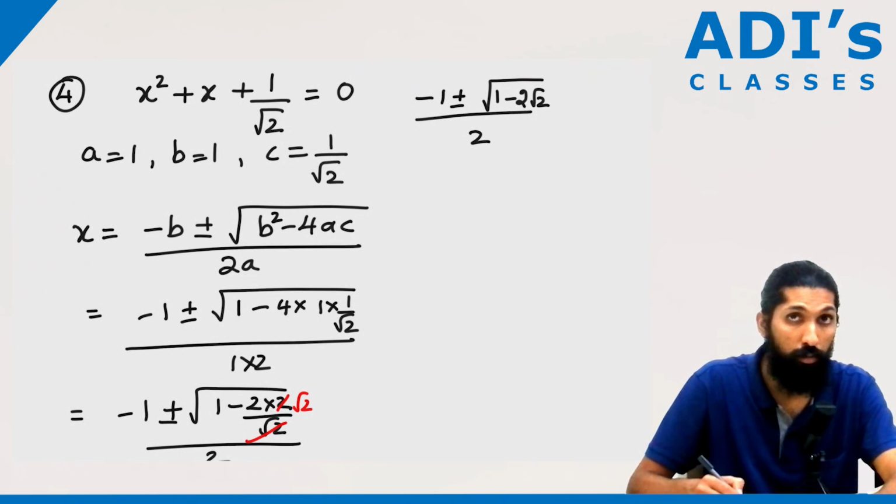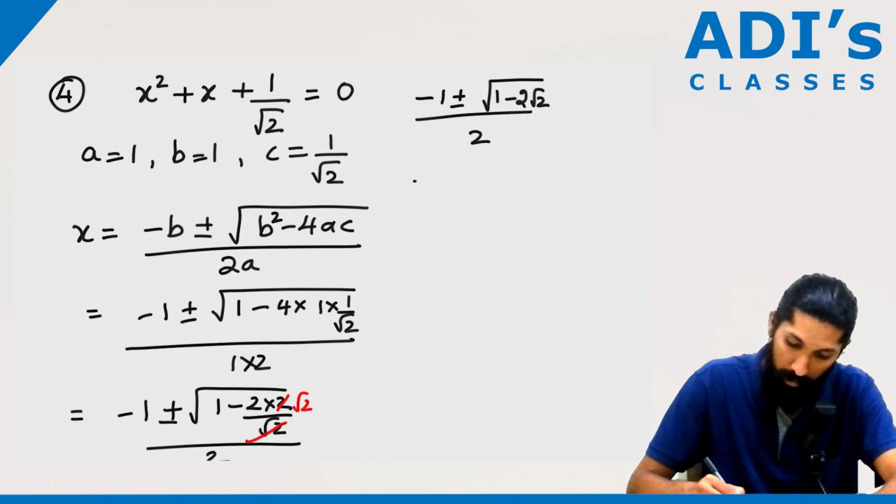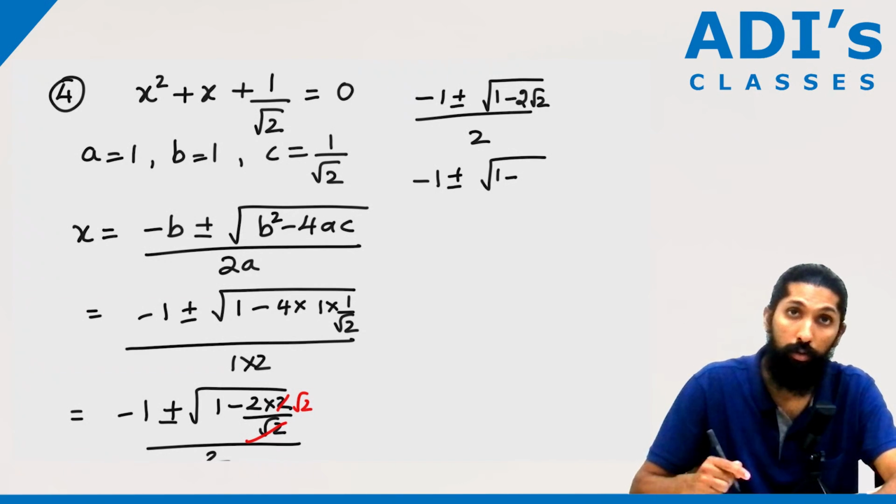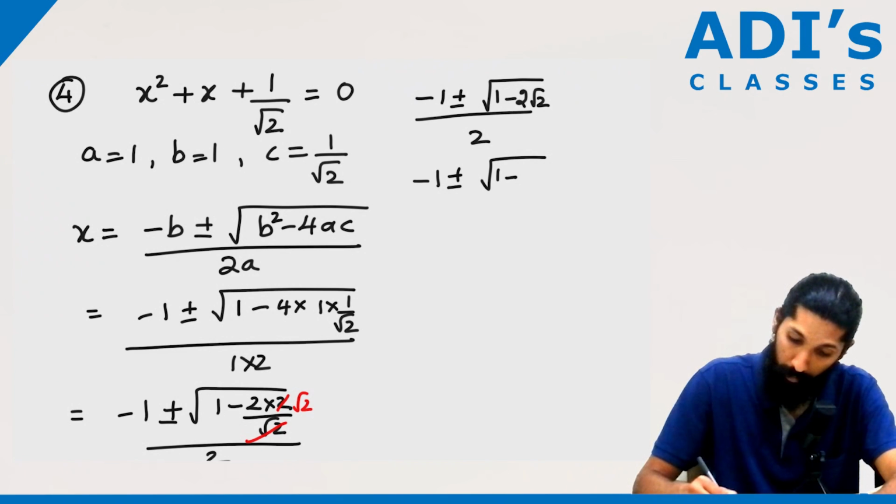Okay, now 1 minus 2 root 2, you can take the root 2 value as 1.41. So minus 1 plus or minus root of 1 minus 2 into 1.41, which is 2.82, divided by 2.